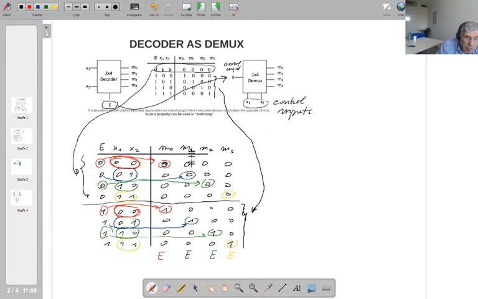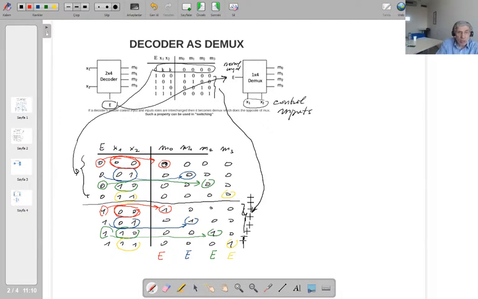So M1 becomes E when the control input is 0, 1. When control input is 1, 0, your M2 output is the same as E. That's the green case. If you repeat it for the last one, M3 output is going to be the same as E.